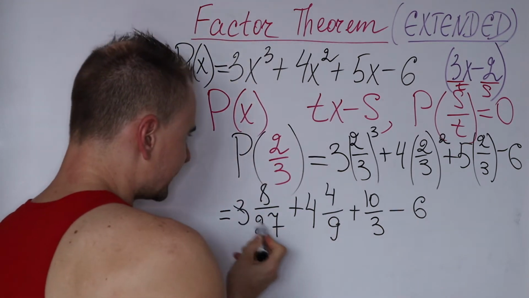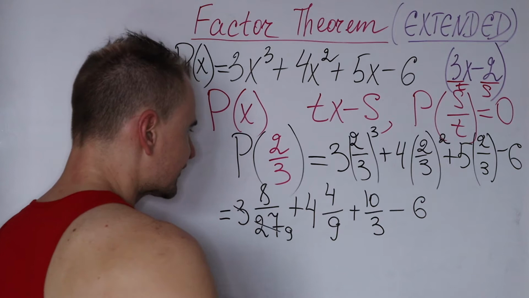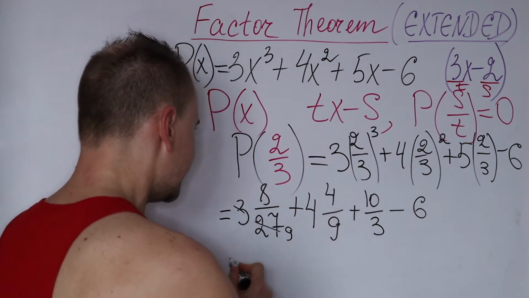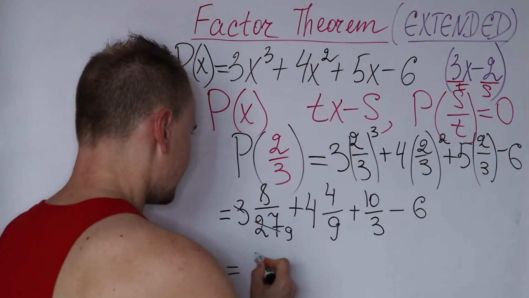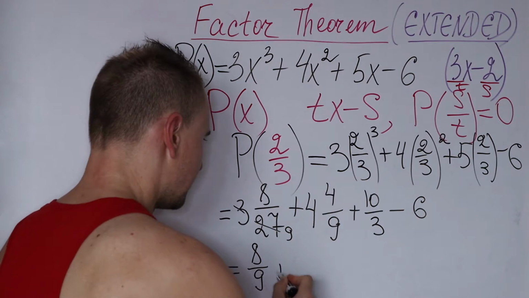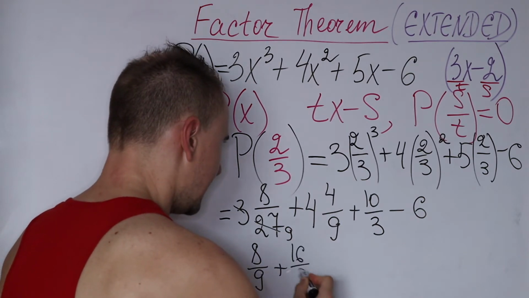So 3 goes into 27 9 times, 4 times 4 gives you 16. So it becomes 8 over 9 plus 16 over 9.